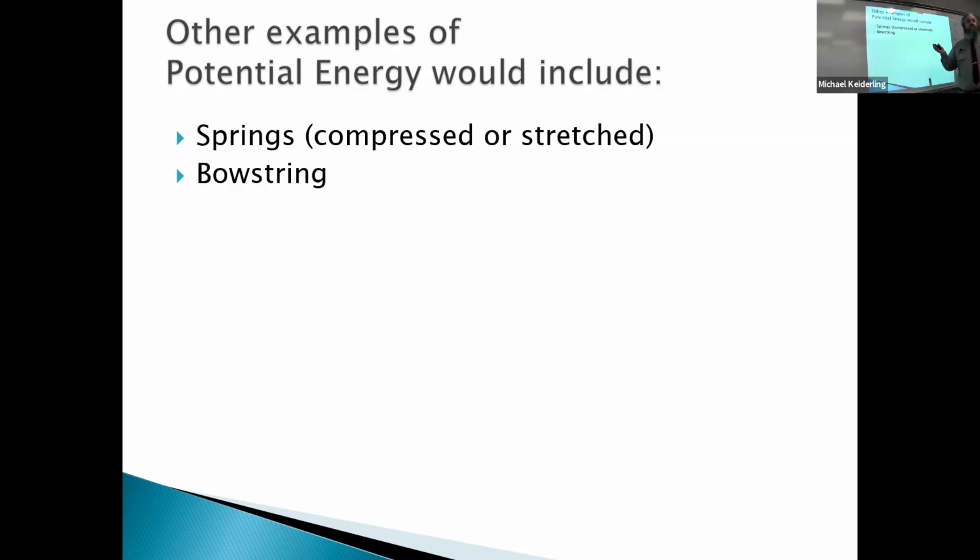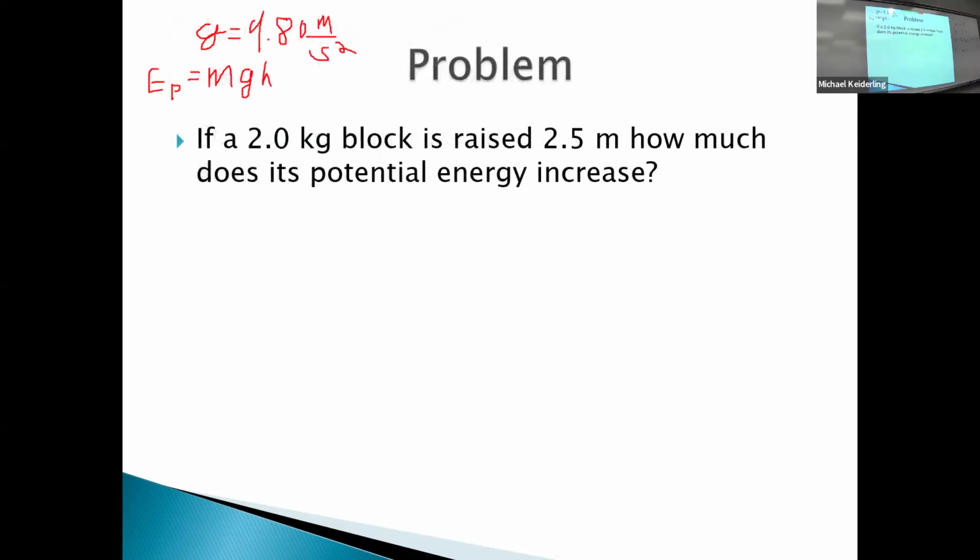For a bow, the string doesn't actually store much of the energy. Most of the energy is actually stored in the bending of the limbs of the bow. The string is not very elastic. But springs, they're all basically springy things.